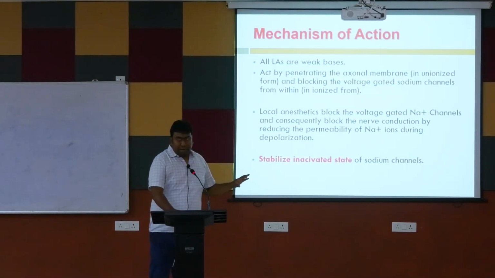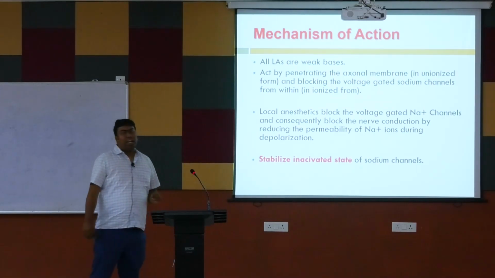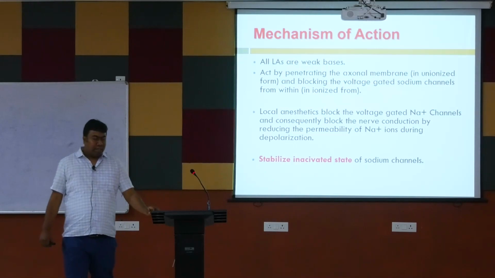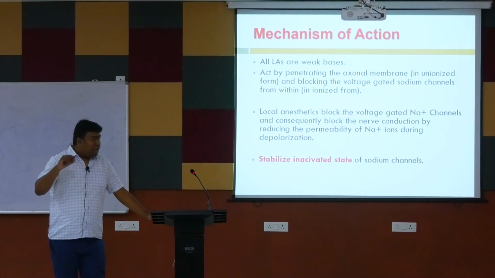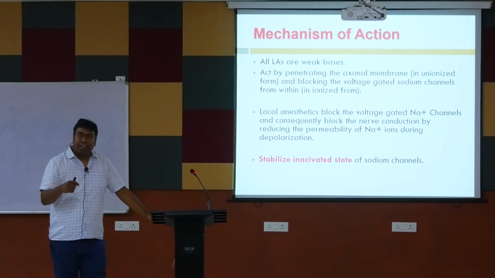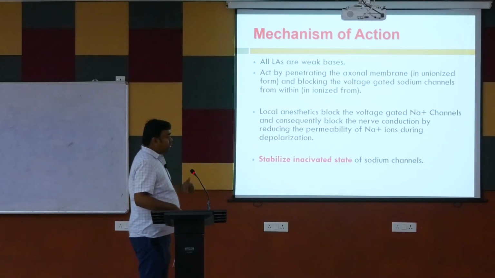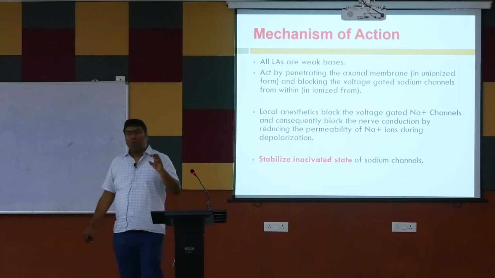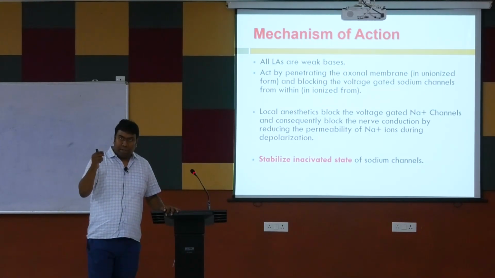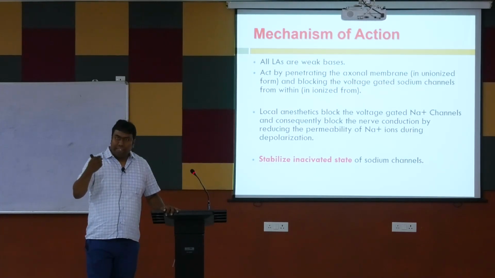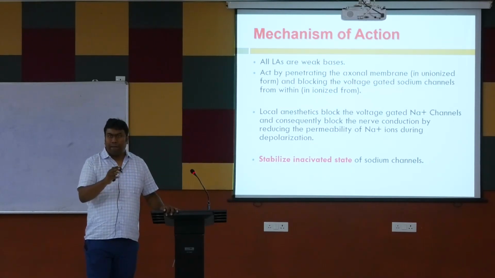So mechanism of action: all these local anesthetics are weak bases. The unionized form of local anesthetics penetrates the axon. But it is a weak base. If we give some bicarbonate, does it make it easier or less easy to penetrate? More easier.